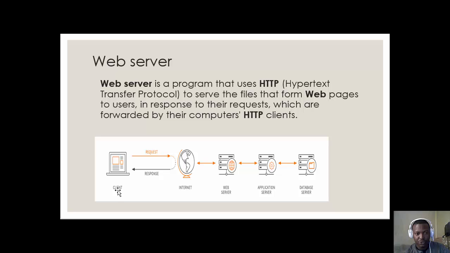The image below shows the client, a computer showing the browser, sending a request through the internet down to the web server. And the web server in return serves the page.